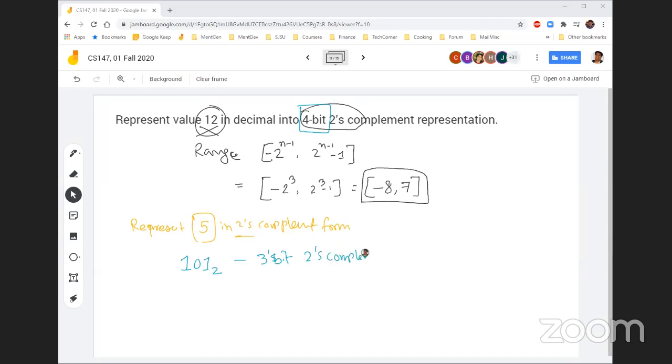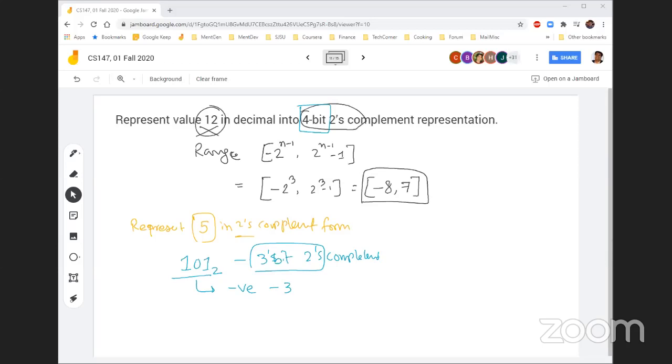In that format, 3-bit 2's complement, this is a negative number. It represents 4 minus 1 minus 3, not 5. So it is very important that the number of bits is specified in the problem.